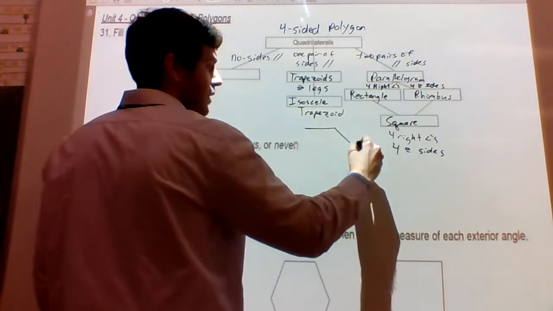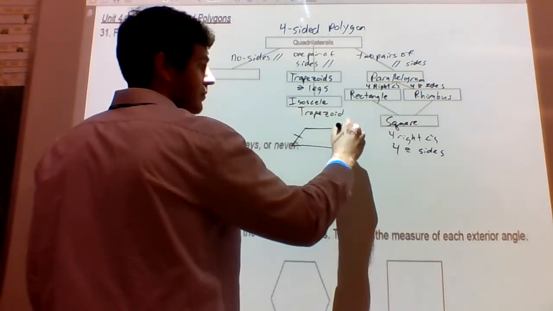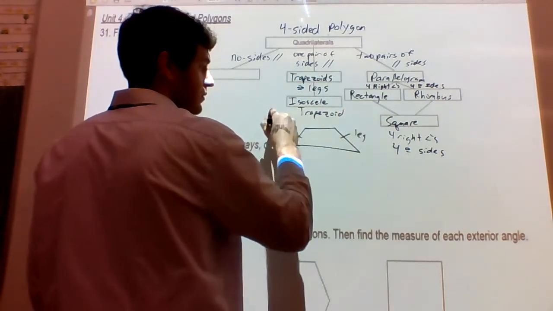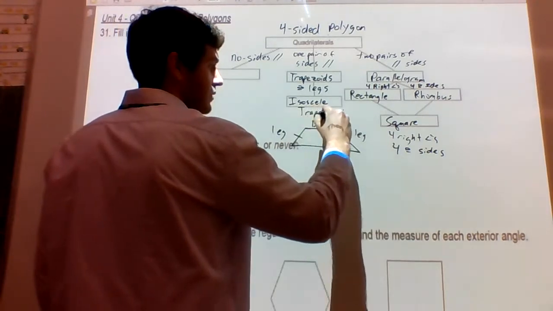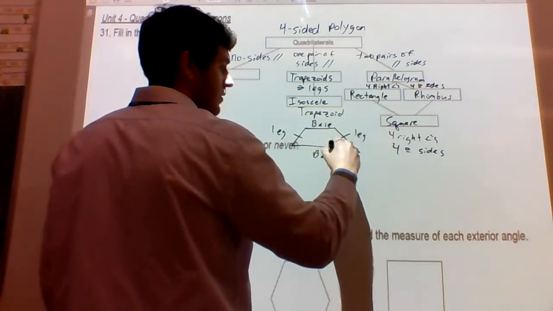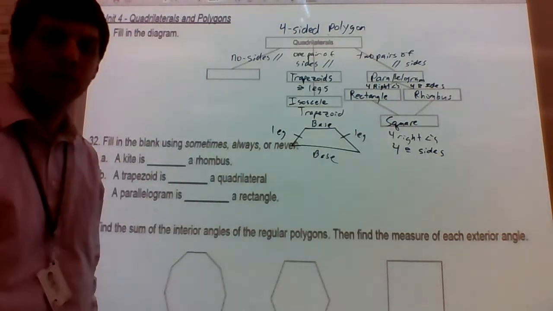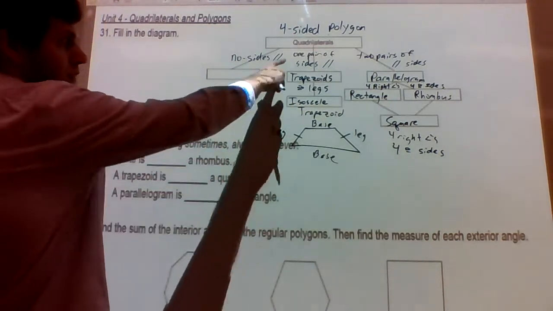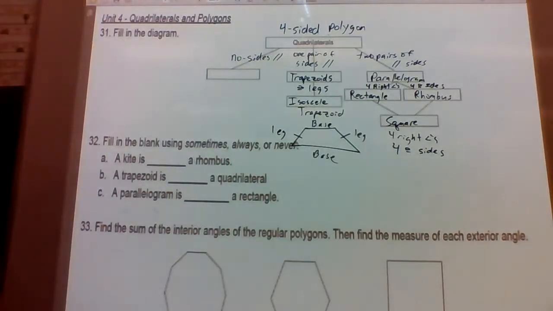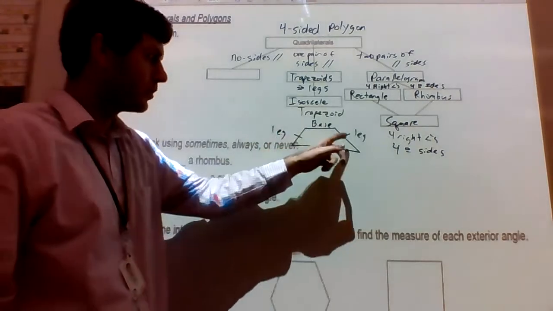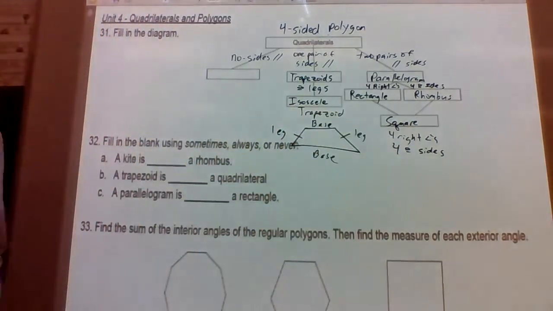If we remember, these were the legs, these were the bases. So a trapezoid is defined as any quadrilateral that has exactly one pair of parallel sides. But if the legs are congruent, then it's an isosceles trapezoid.